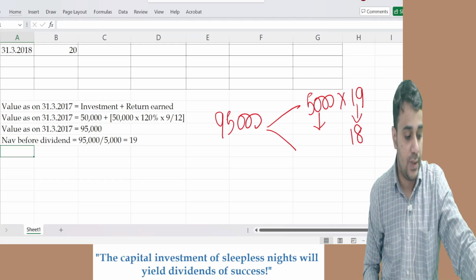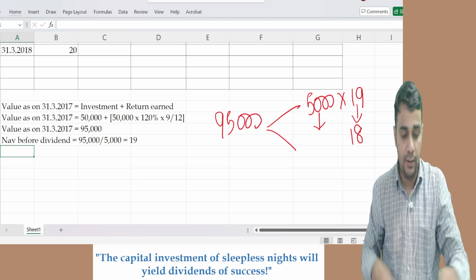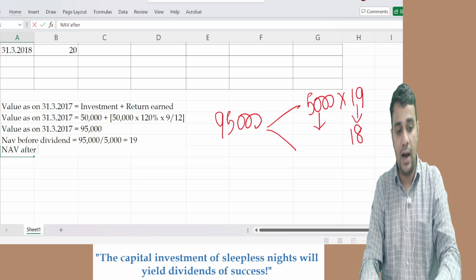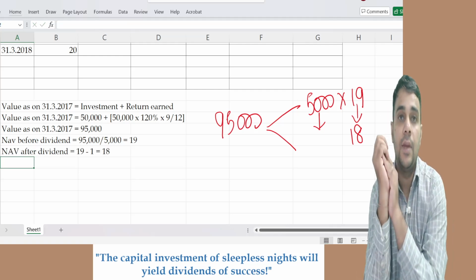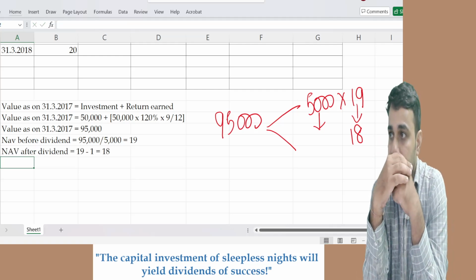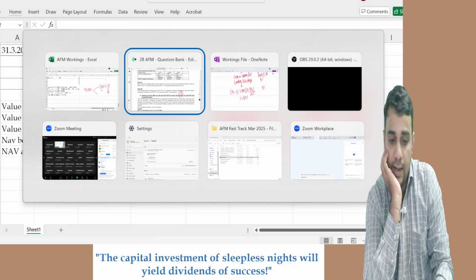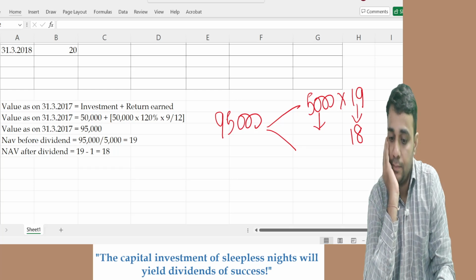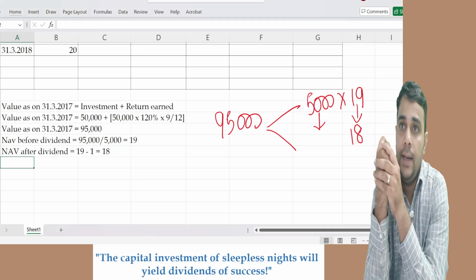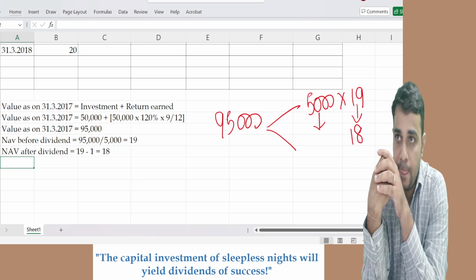This is what they wanted. They wanted the NAV on this date. NAV before dividend 19, NAV after dividend 19 minus 1, 18.